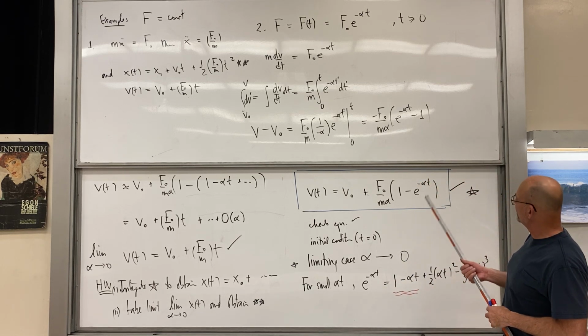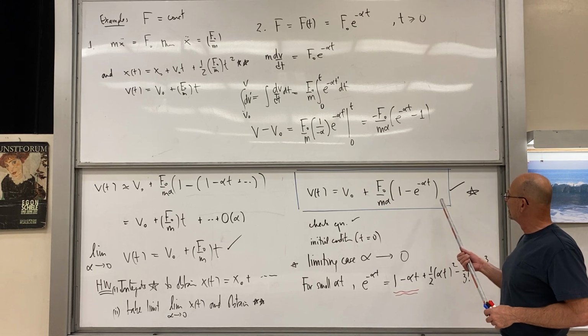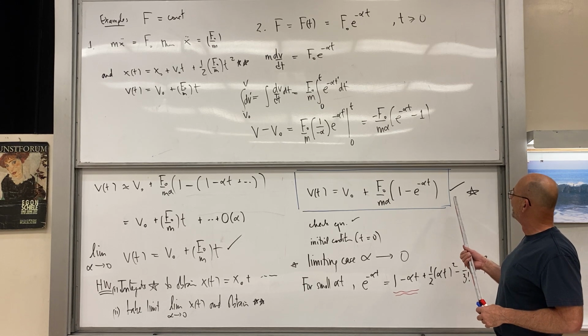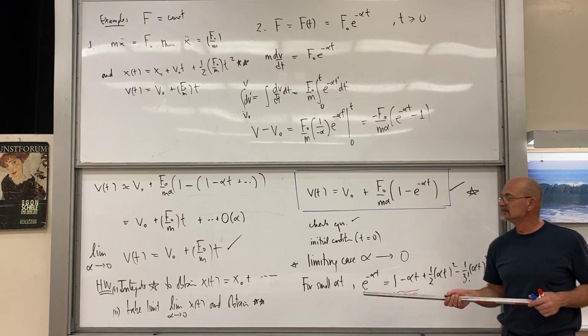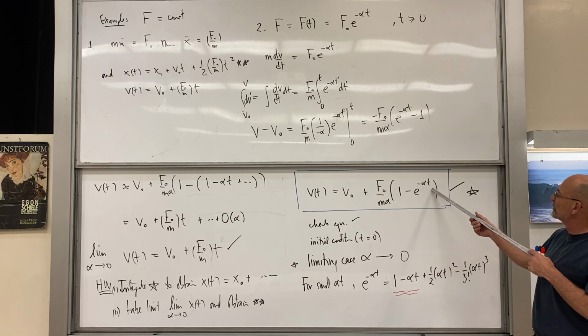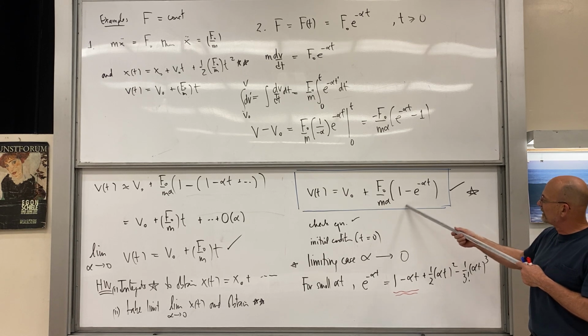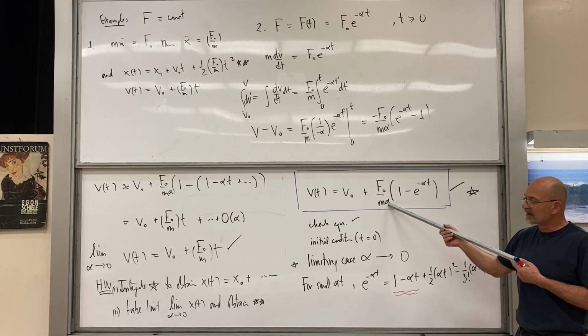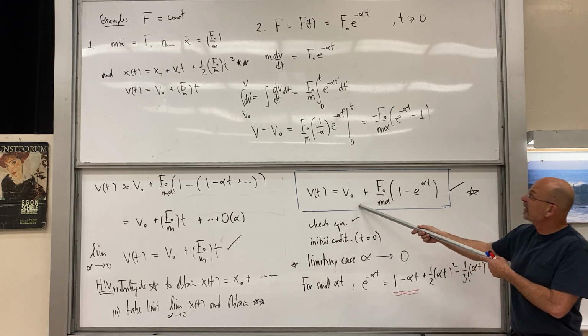There is another limiting case of interest, namely alpha goes to infinity. If alpha goes to infinity, it looks like this gets wiped out, and then in this denominator, everything goes away. Alpha goes to infinity, v is just equal to v0.